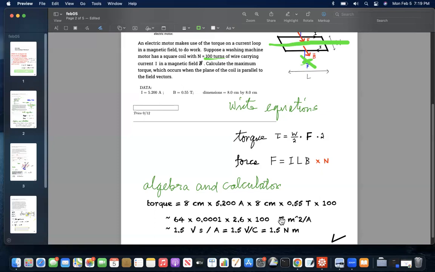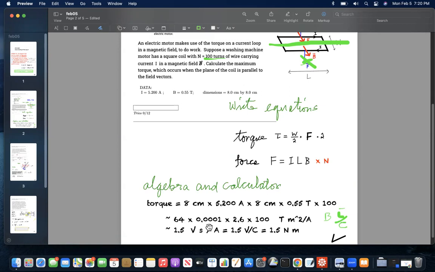Tesla is the unit of B, and B has the same units as E divided by C. So that's volt per meter divided by meters per second.